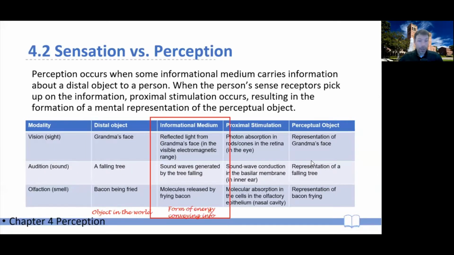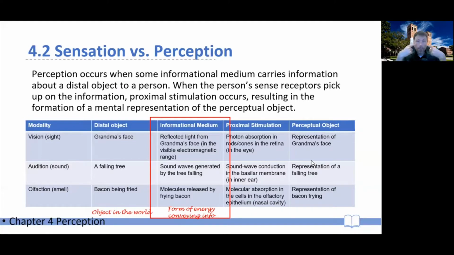In the case of vision, we're typically talking about a very specific form of energy. That is, the reflected light or the reflected photons from the object out there in a very specific spectrum of the electromagnetic range. In other words, light hits the distal object, in this case, the face of somebody you love, and it reflects it towards you.